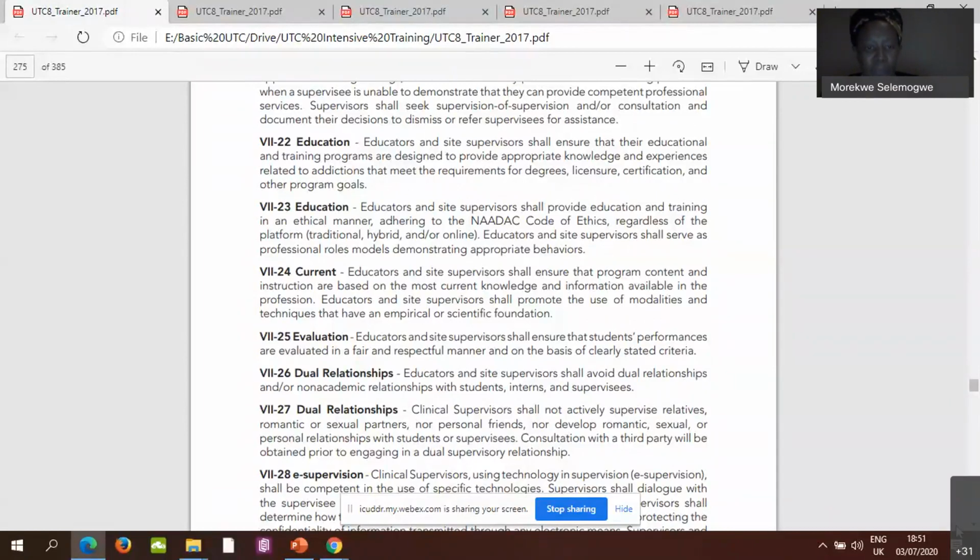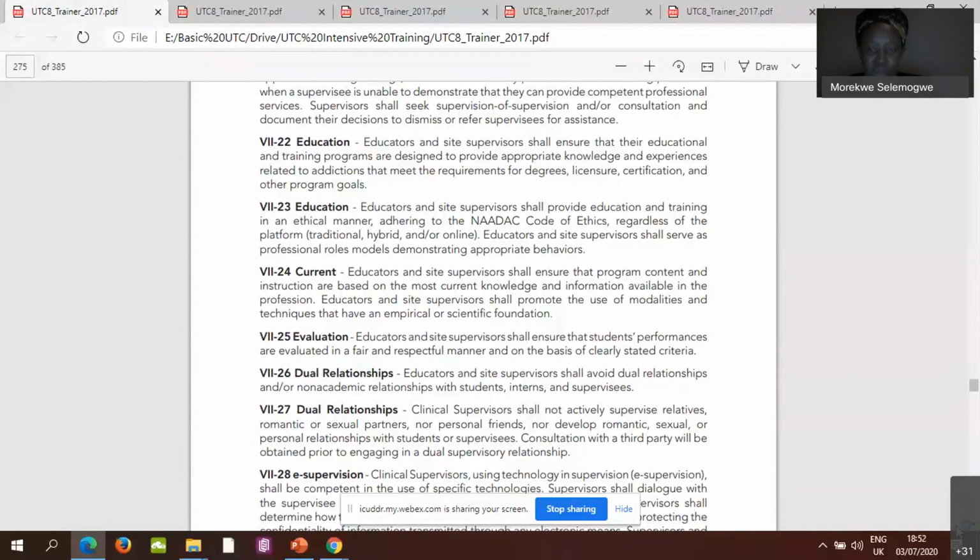When you do evaluation, you should ensure that student performance is evaluated in a fair and respectful manner, based on already set criteria in terms of what the students are supposed to attain from a site or program, so that there is fairness.